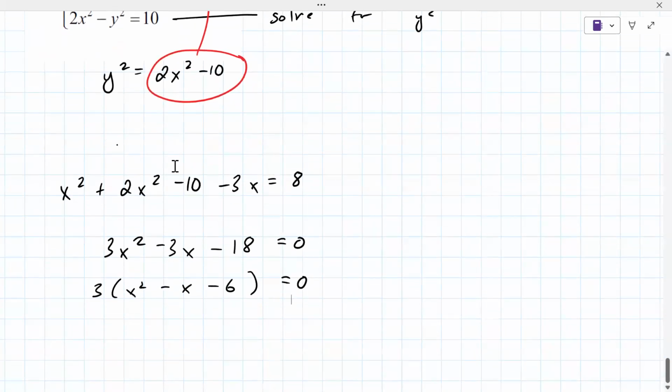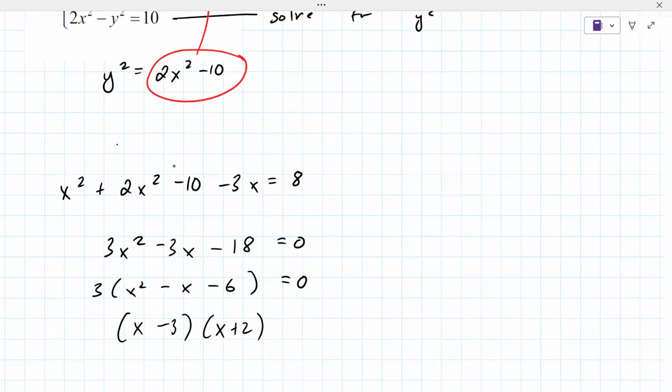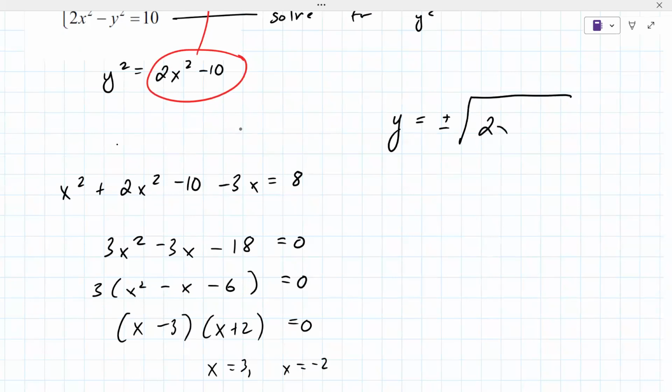And then you end up getting x minus 3, x plus 2 equals 0. x is 3, x is -2. And then you go back to your y squared equation to solve. So y is equal to plus or minus the square root of 2x squared minus 10, and you put each of those in.